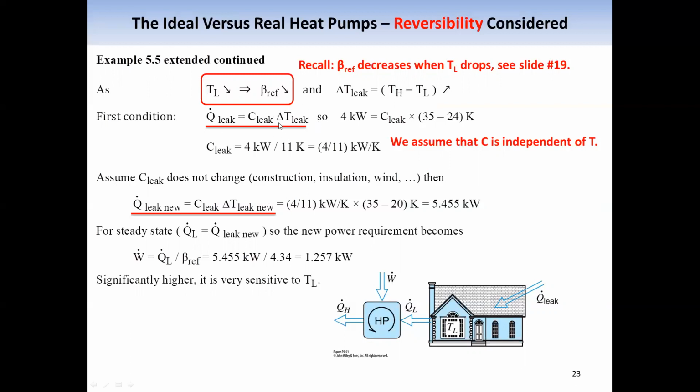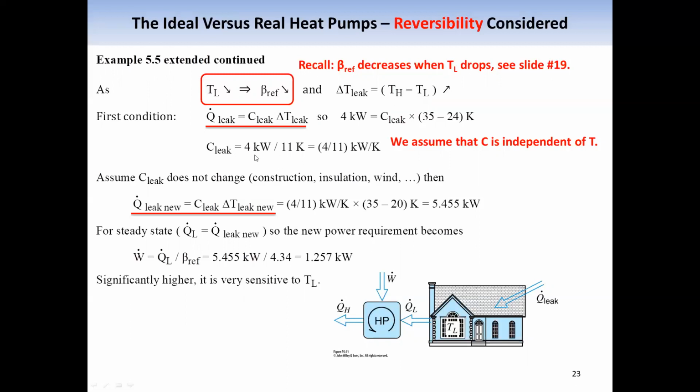That is equivalent to say the heat leak into the house is proportional to the temperature difference between the environment and the house. C leak is a proportionality constant. Is this a constant? Yes, we can assume it's a constant for this simple example.